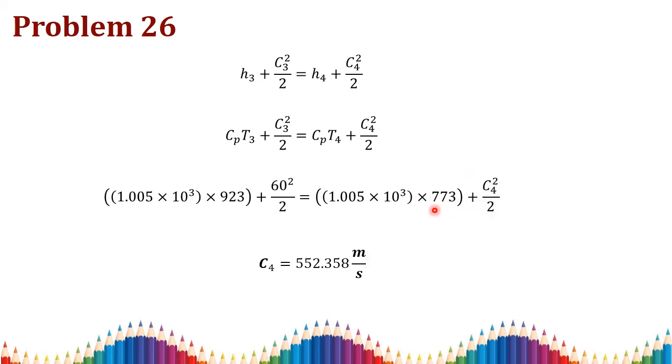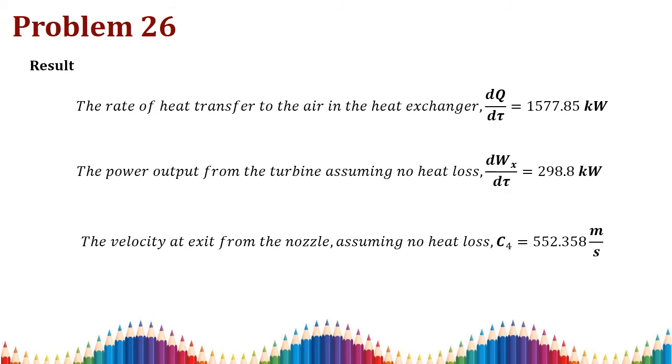By reducing this equation you will get C4 as 552.358 meter per second. As a result, the rate of heat transfer to the air in the heat exchanger is 1577.85 kilowatt, the power output from the turbine, dwx by d tau, is 298.8 kilowatt, and the velocity at the exit from the nozzle, C4, is 552.358 meter per second.